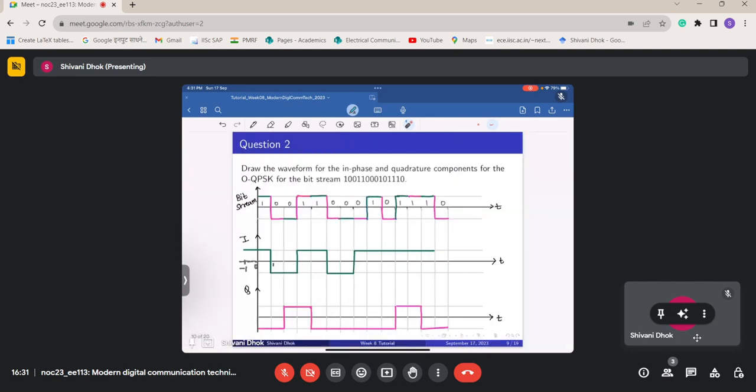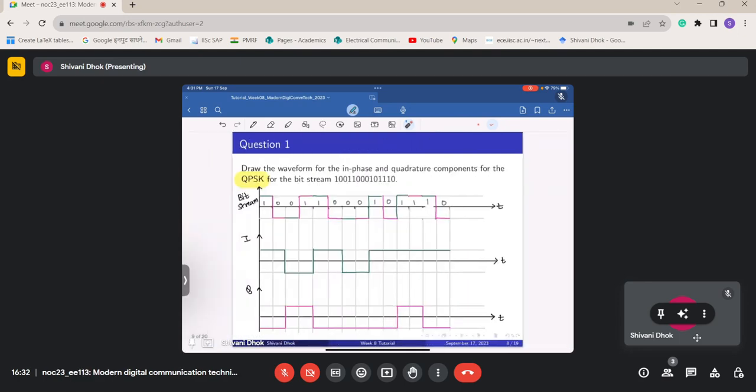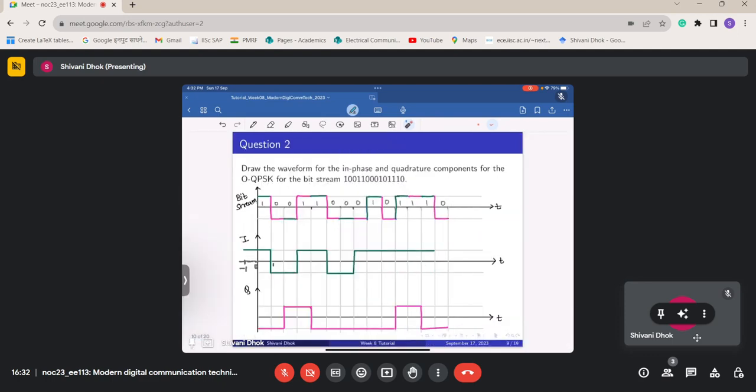However, if we consider these kinds of waveforms, under any circumstances there will be at most a flip of 1 bit, and this change in 1 bit will correspond to only a 90-degree phase shift, a maximum phase shift of 90 degrees. Therefore this gives me better phase continuity compared to the waveform that we have for QPSK, and that's why offset QPSK is many times preferred.